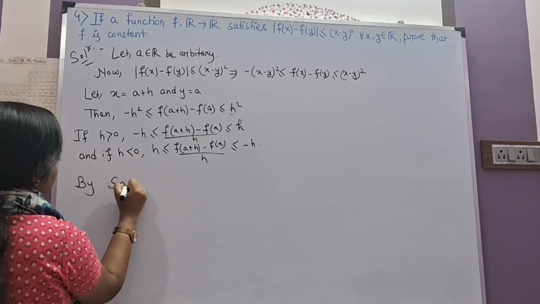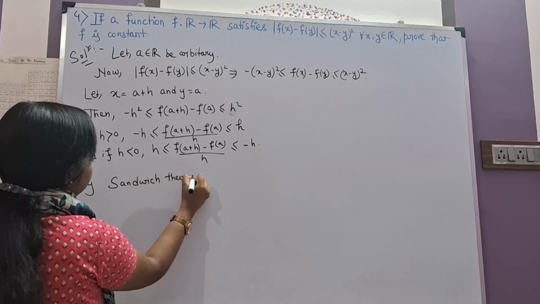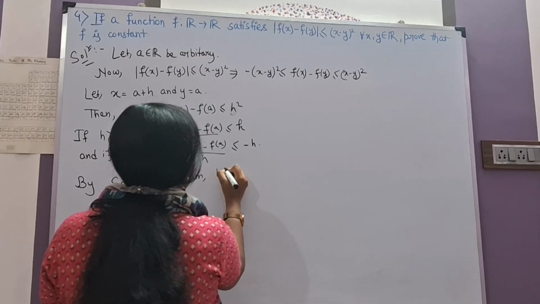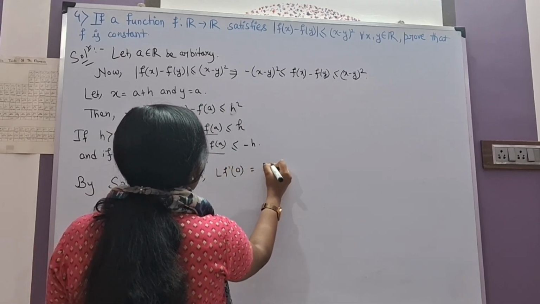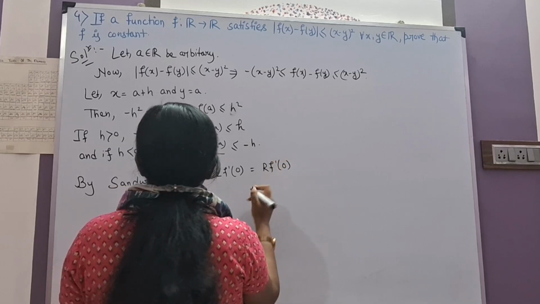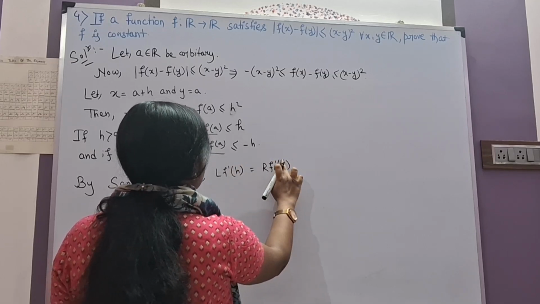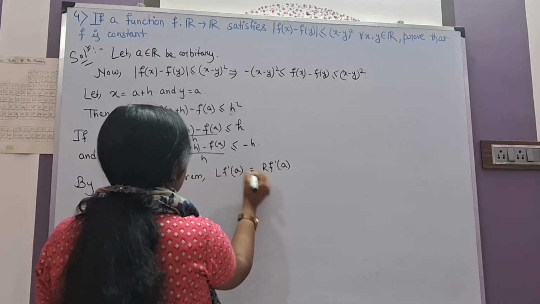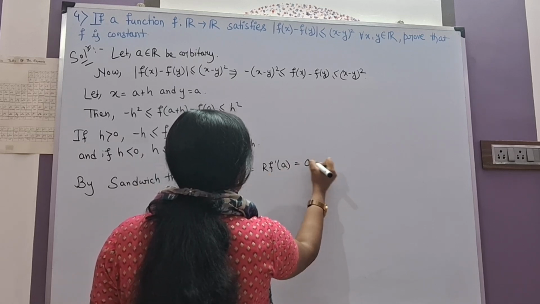Now by sandwich theorem, what we can write? We can write that left hand limit of f dash of a equal to right hand limit of f dash of a. So this is equal to 0.